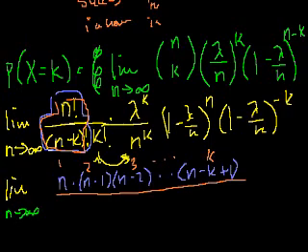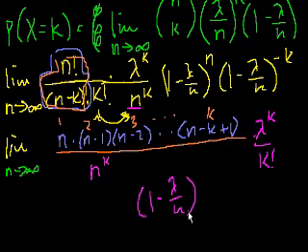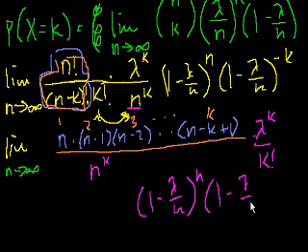So that's divided by n to the k times, I'm just switching these, lambda to the k over k factorial, and then what do we have here? I can just rewrite that. This is continuing the same line. 1 minus lambda over n to the n times 1 minus lambda over n to the minus k.